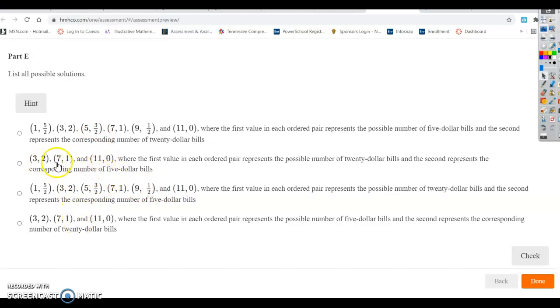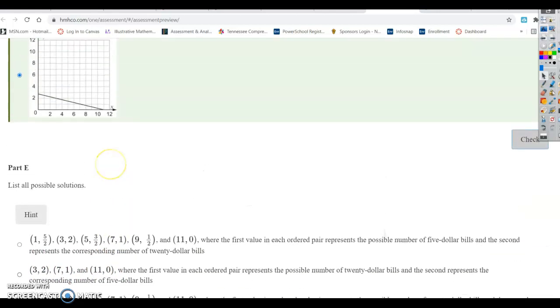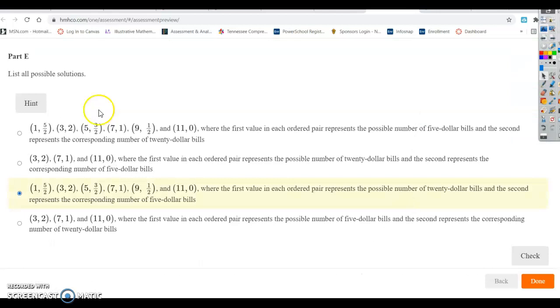Here's 3, 2, 7, 1, and 11, 0. Let's look at the graph. If you go over to 3, 2, that is a point on the line. If you come over to 7, 1, that is also a point on the line. And 11, 0 was an intercept. So we know those 3 points are the same. One of these has to be the answer.